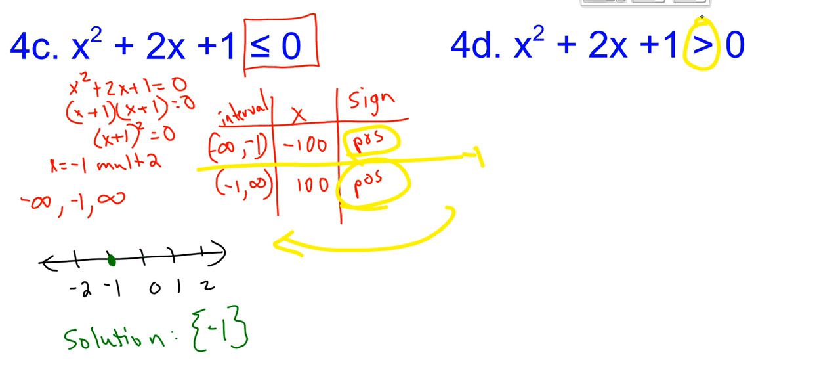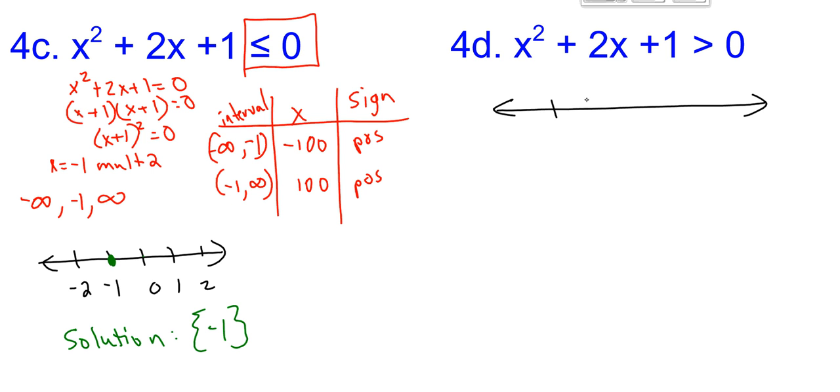So we get the two intervals, but we do not get to use the -1. So here, let's just draw that number line because we've done all the other work. -2, -1, 0, 1, and 2. It works in both of these intervals, but it does not include -1.